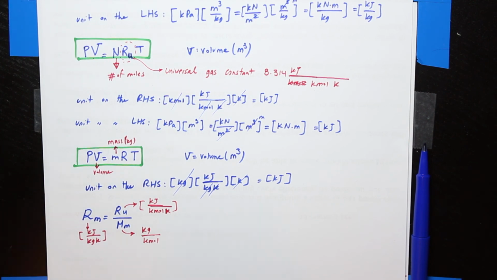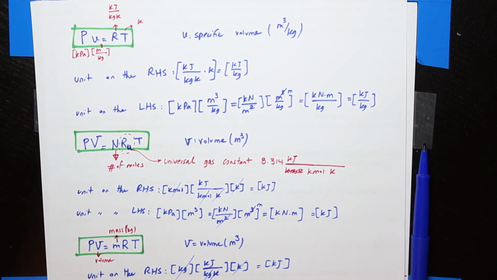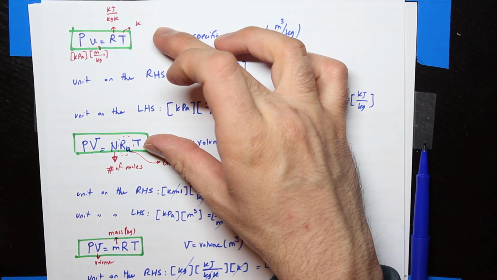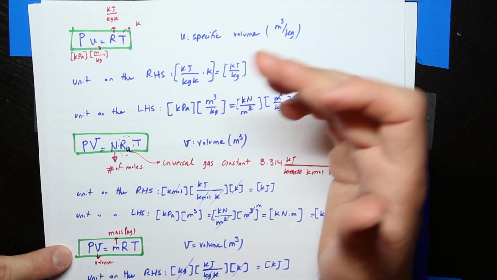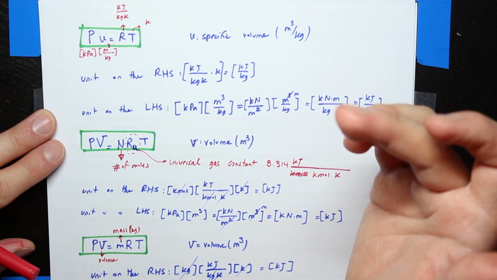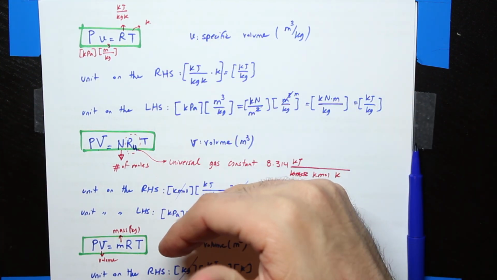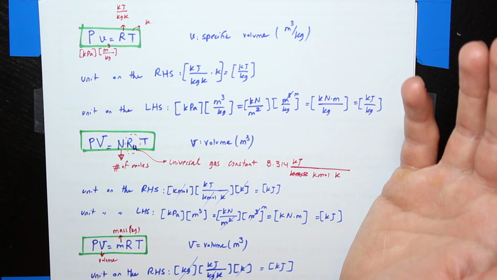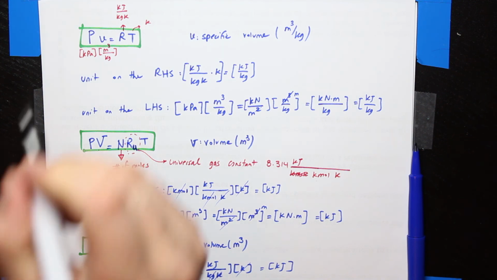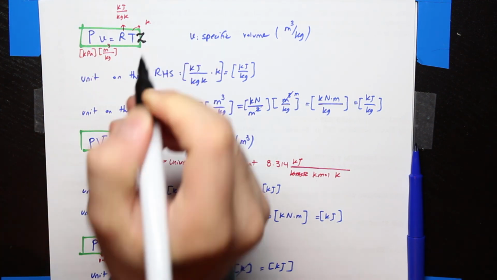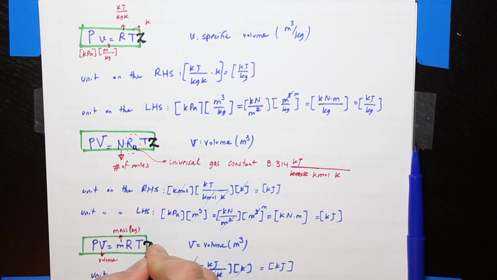And by the way, getting back into the ideal gas laws, like these three equations, all of them obviously have a z term on the right hand side, but because I was discussing the ideal gas, I didn't really include that. But you can also consider a z on the right hand side. For instance, you can assume that here there is a z, here there is a z, here there is a z.